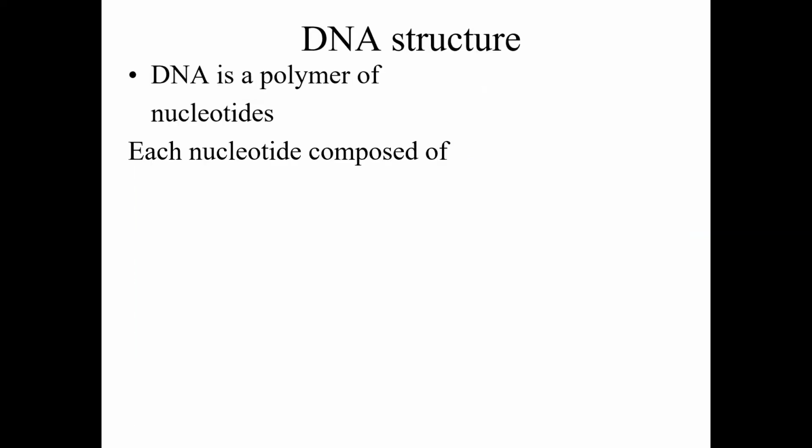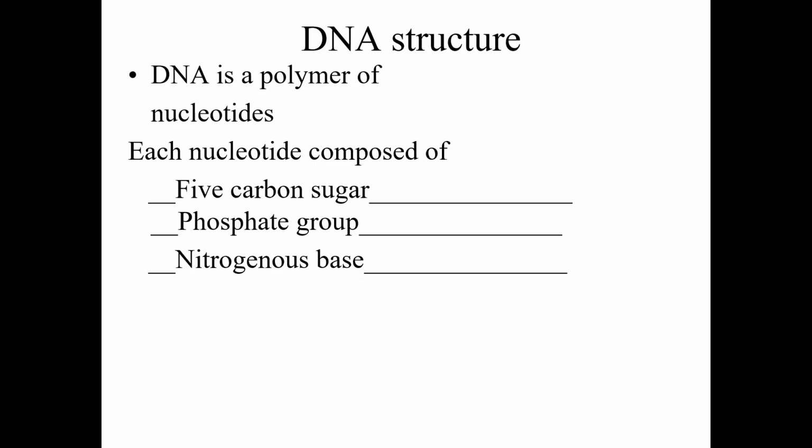So, the DNA structure. DNA is a polynucleotide, in that it's made up of nucleotide subunits, and each of these nucleotides consists of 3 components. We have the 5-carbon sugar, which is ribose or deoxyribose. In the case of DNA, we have deoxyribose, and in the case of RNA, we have ribose sugar.